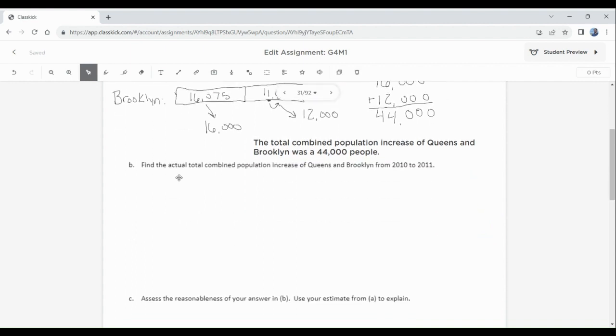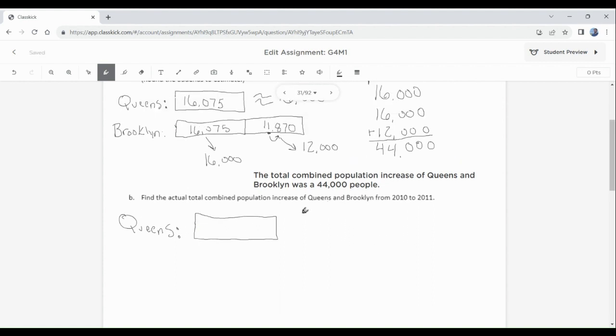Now letter B, same idea. Find the actual total combined increase from Queens and Brooklyn from 2010 to 2011. So I'm going to use this tape diagram again. Same tape diagram, 16,075 people.